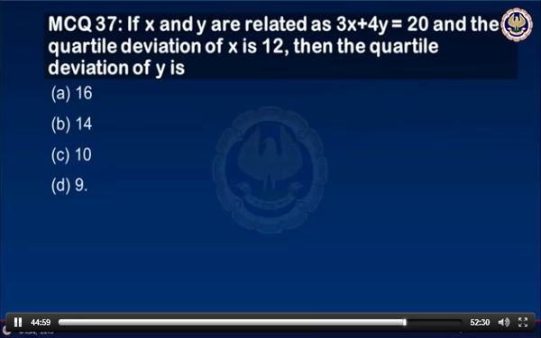If x and y are related as 3x plus 4y equal to 20, and the quartile deviation of x is 12, then what is the quartile deviation of y?